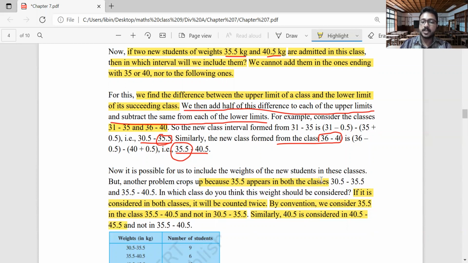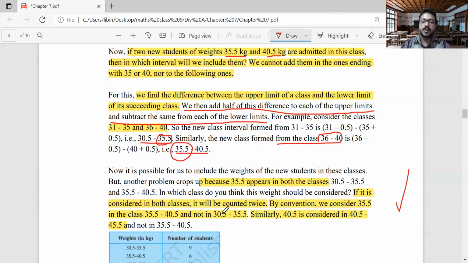So this is very, very important, because in exams, when you are asked to make a tabular column or include the data, you will sometimes make a mistake in adding the data to the right class, and it will make the whole answer wrong. We will see some more examples, then you will understand more.